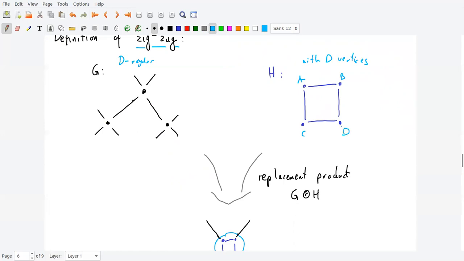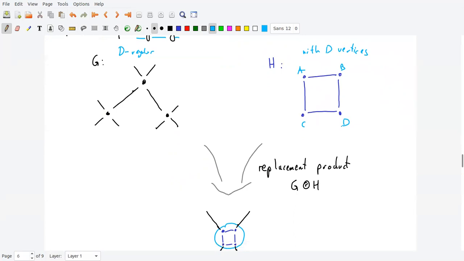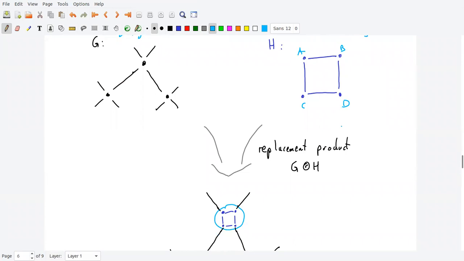So the first thing you do in zigzag, this is not yet the zigzag product, is something called the replacement product, and this is exactly what I told you about before.